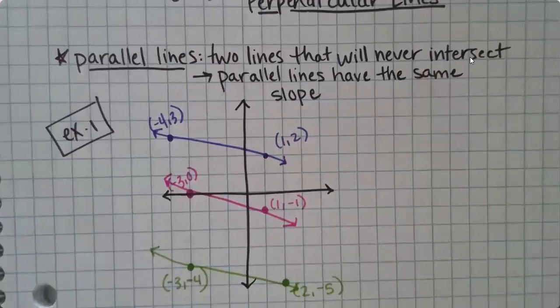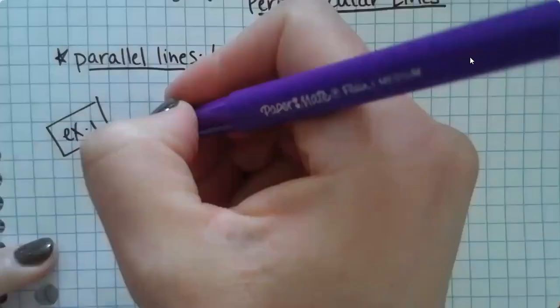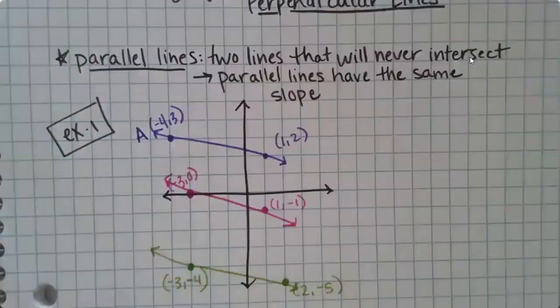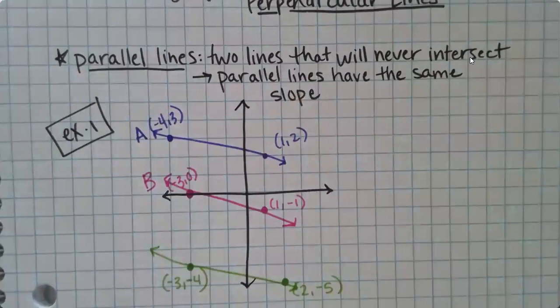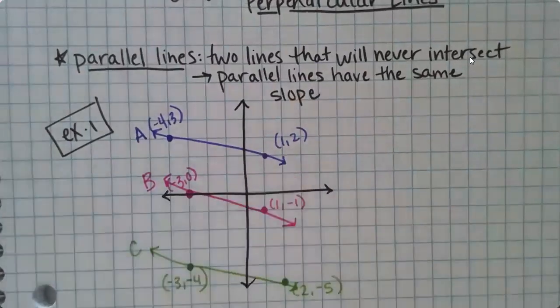And if any of these lines have the exact same slopes, it means that the lines are parallel. So let's call the purple line A, we'll call the pink line B, and the green line will be C. So let's find the slopes of each of these lines so that we can determine if any of them are indeed parallel.